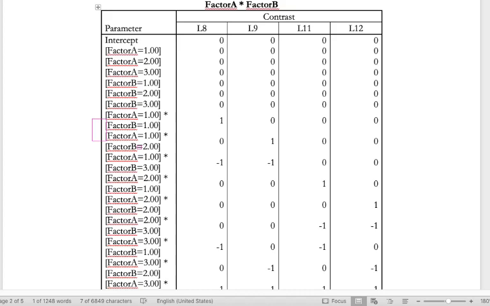Then we get to the interaction, so the specific dots. First is A1, B1, and then it goes A1, B2. Remember, it could have gone A2, B1, or anything else, really. So really all we're getting from here is what order SPSS is reading these cells in.